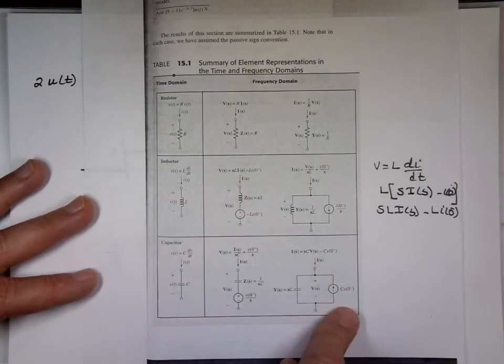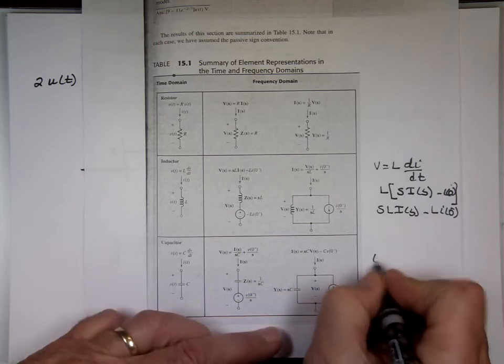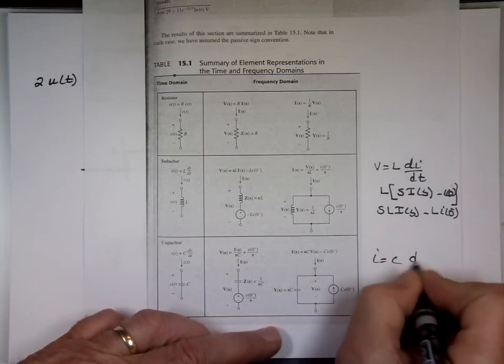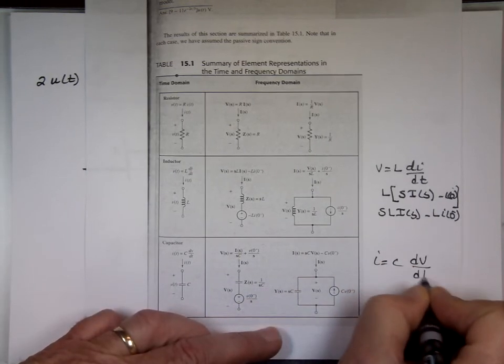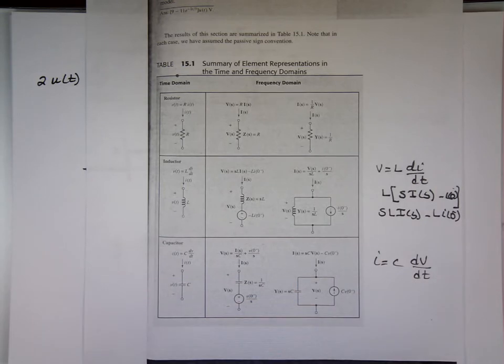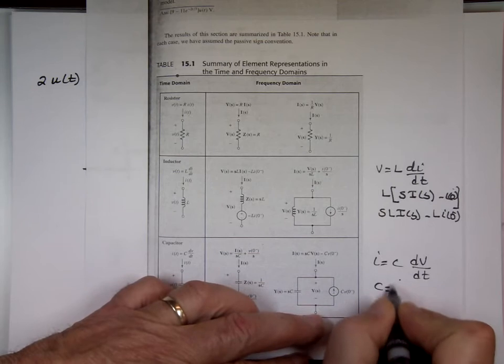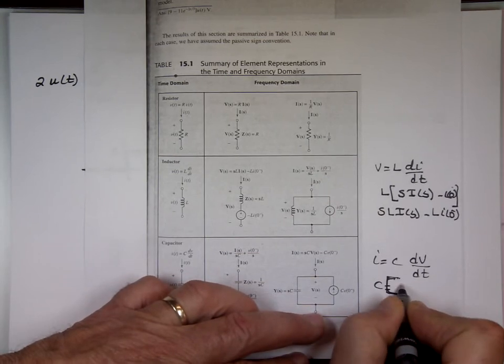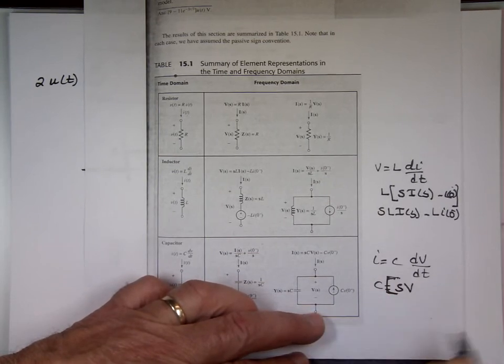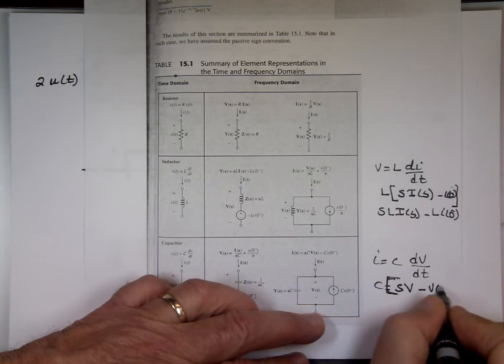You look at this, you go I equals C dV/dt. Again, the Laplace of that is s times V, capital V as a function of s, minus the voltage at 0 minus.